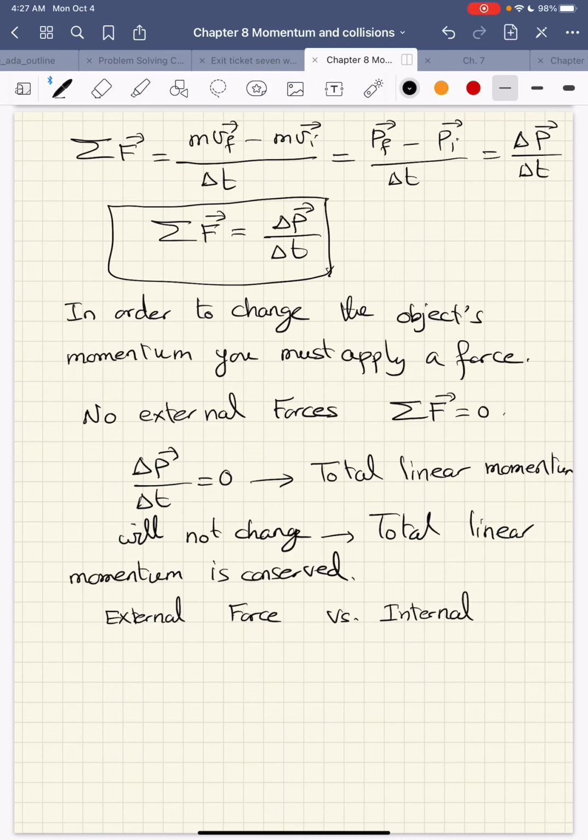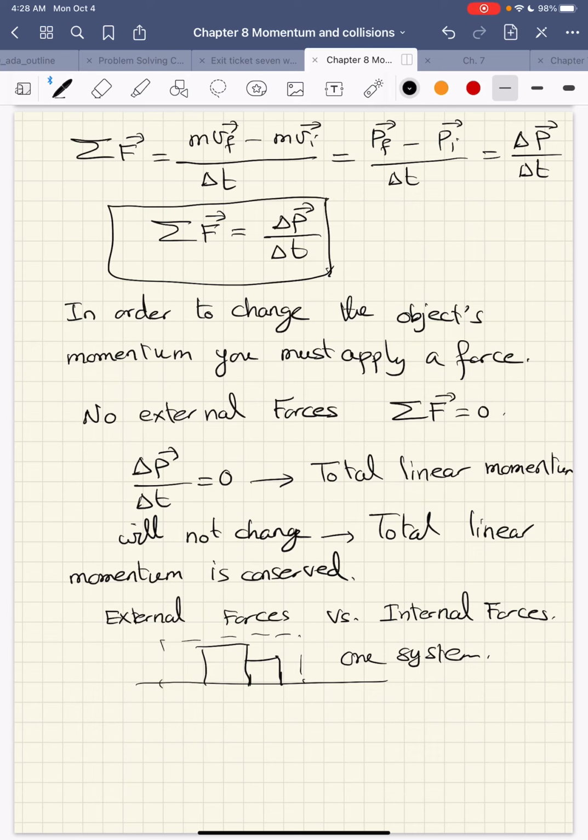Let's say I have two masses, and I can consider them one system.